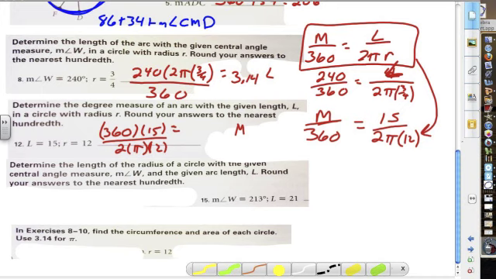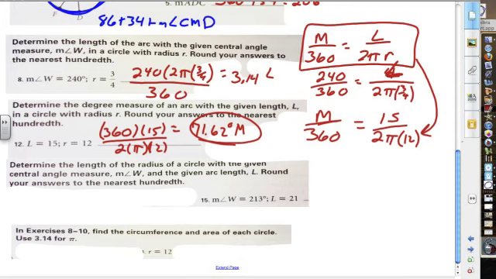Okay, 360 times 15 divided by 2 times pi times 12 gives me 71.62. So my m is 71.62 degrees. Okay, so that answers how to do those problems.